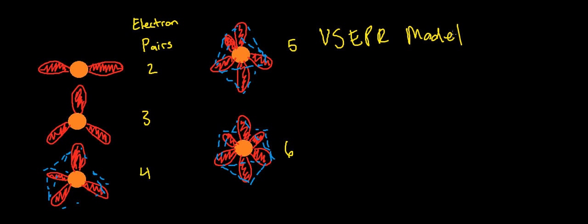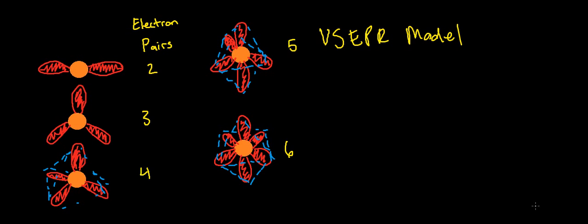It just takes into account that the electrons are going to try and repel each other as much as possible. So what this model does is that it just maximizes the distance between all of the electron pairs in order to minimize the electron repulsions between each other.